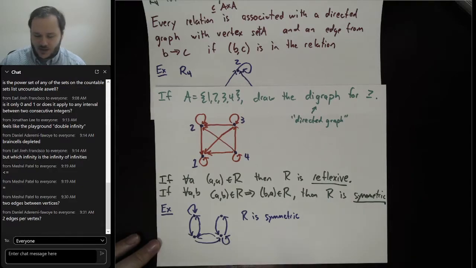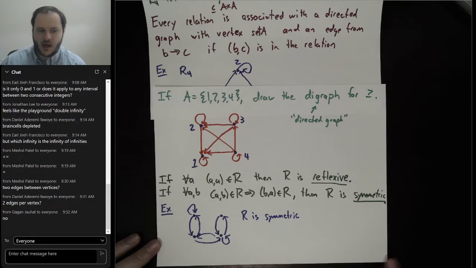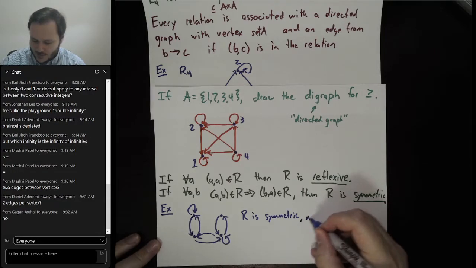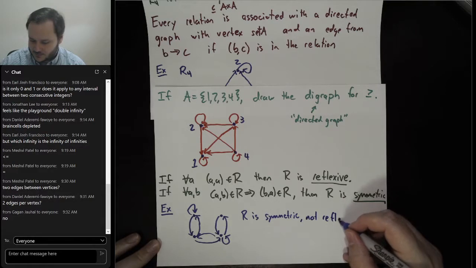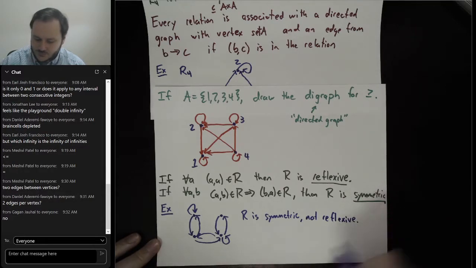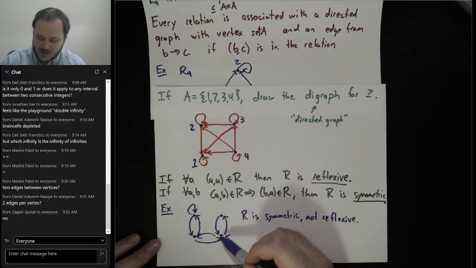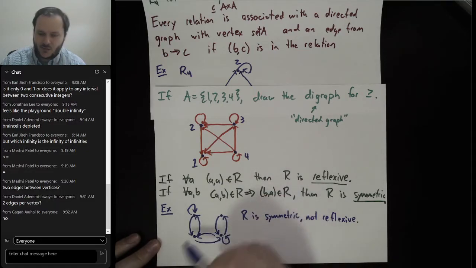Is R reflexive? Not reflexive. Good. It has some loops, but there are not loops everywhere. Some elements are related to themselves, but other elements are not.